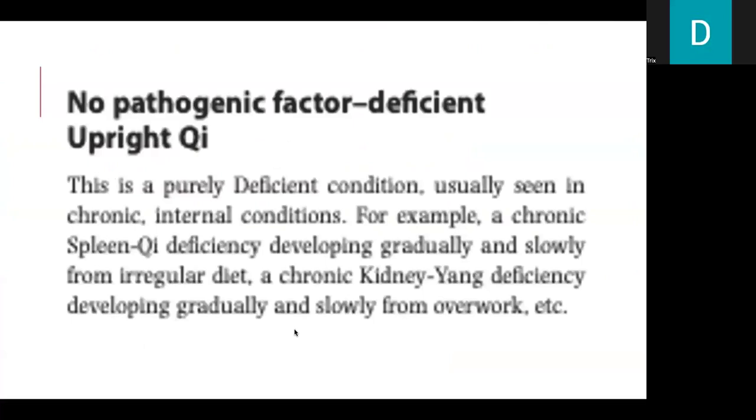For no pathogenic factor, deficient upright Qi, this is a purely deficient condition, usually seen in chronic internal conditions. For example, a chronic spleen Qi deficiency developing gradually and slowly from irregular diet, or a chronic kidney yang deficiency developing gradually and slowly from overwork.